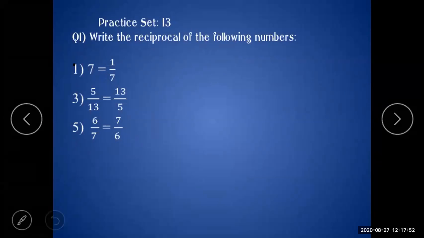Now I will write one question: 4 upon 9 divided by 5 upon 7. This is your next question. I will explain the example first, then we will see our questions.